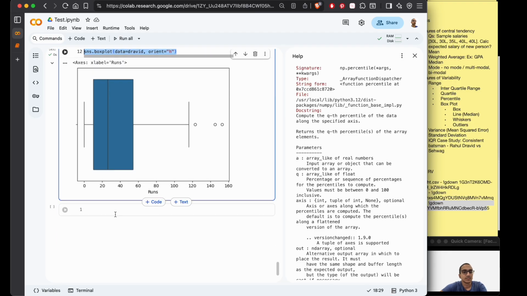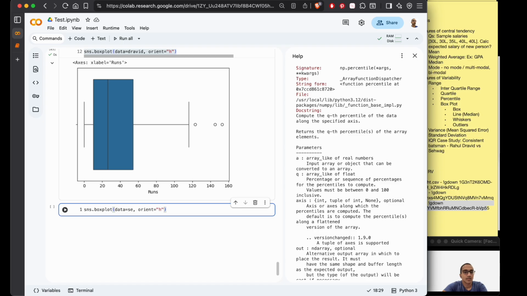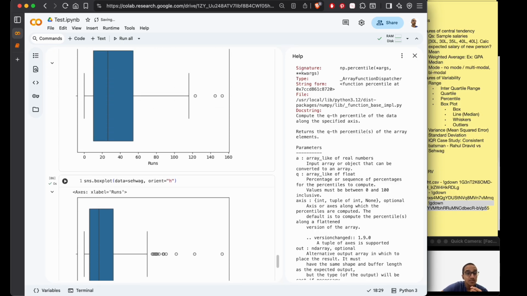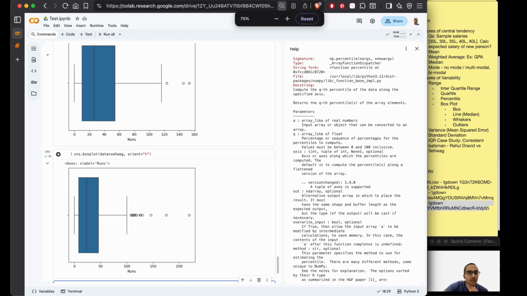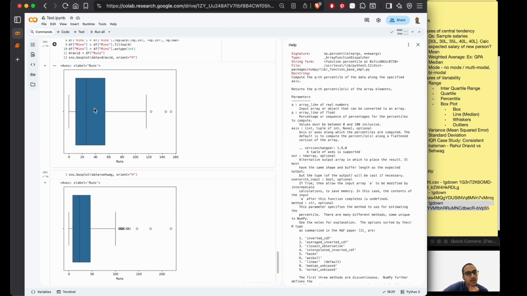If you look at them side by side, as you can see, the Q1 for Dravid is somewhere around 10, and Q3 is around 58-ish, and the median is around 20, probably 25, 30 is somewhere over here, right? The min is obviously 0 and max is around 120.